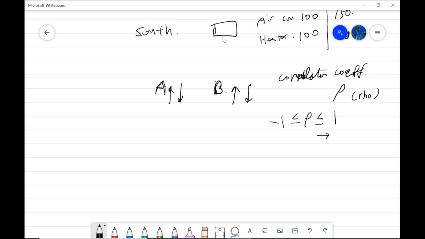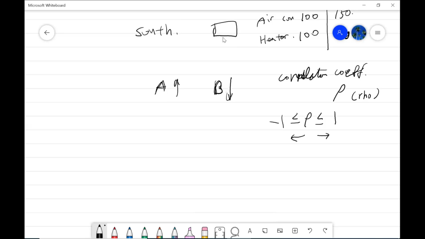On the other hand, what about -1? If the correlation coefficient is close to -1, it means the demands move in the opposite direction. Let me draw it. If the demand of A is increasing, at the same time the demand of product B is decreasing.